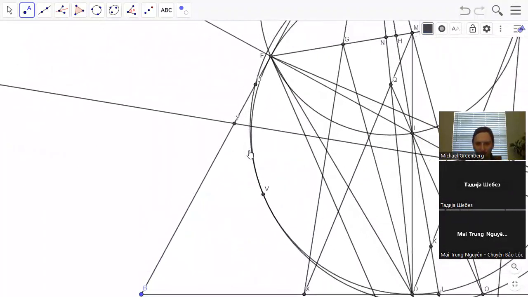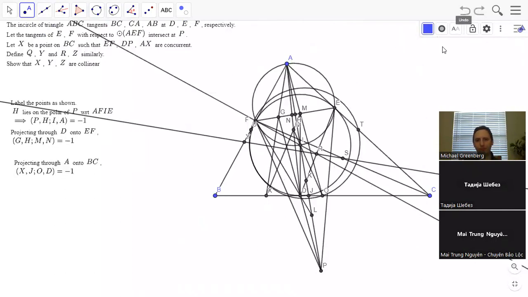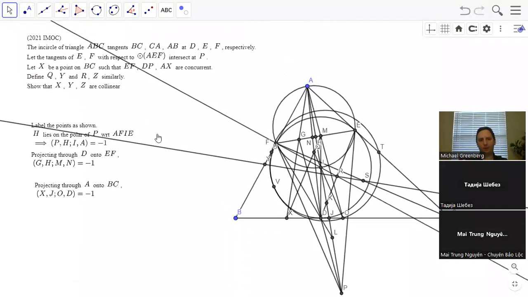Yeah, those look pretty tangent to me. So basically, you'd want to show that X, Y, and the Feuerbach point are collinear. And you could do that, that would solve it.